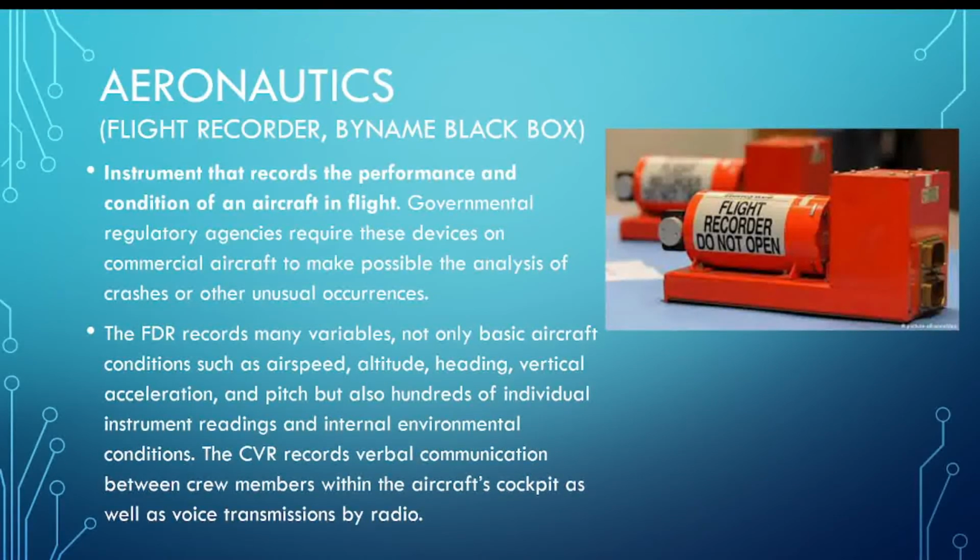The FDR records many variables, not only basic aircraft conditions such as airspeed, altitude, heading, vertical acceleration, and pitch, but also hundreds of individual instrument readings and internal environmental conditions. The CVR records verbal communication between crew members within the aircraft's cockpit, as well as voice transmission by audio or by radio.